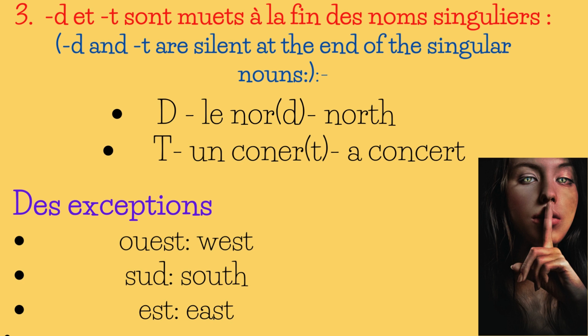Ouest, sud, est. Under these exceptions we pronounce the letters D and T. But most of the time when the two letters D and T are at the end of singular nouns, we don't pronounce them. But these three words are some exceptions. Ouest, sud, est.